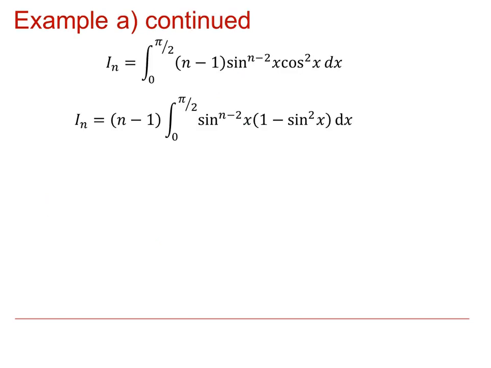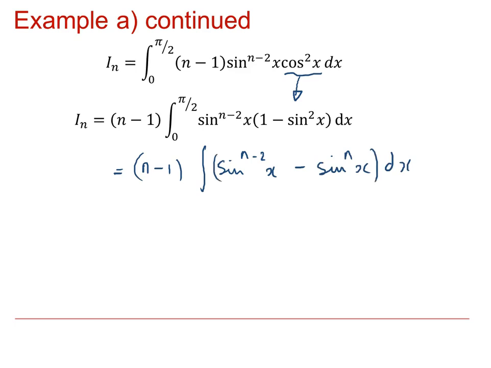So here we are looking at the integral where we've got cos squared here. We could use the identity that cos squared is 1 minus sine squared. And we can see then that this is the integral of sine to the power n minus 2 of x minus the integral of sine to the power n of x dx, to be evaluated between 0 and pi by 2.